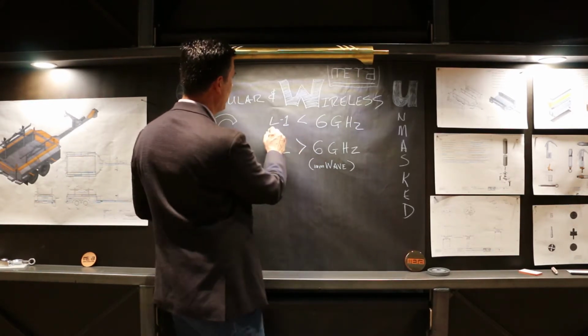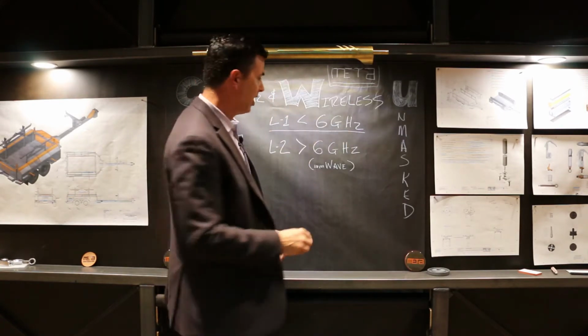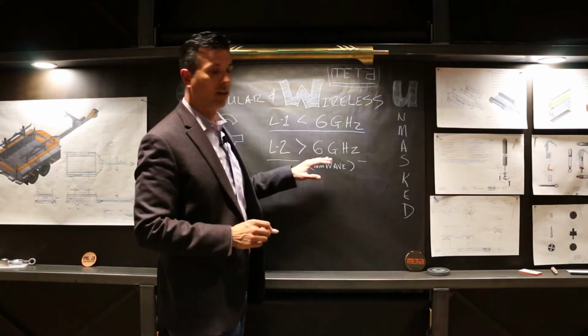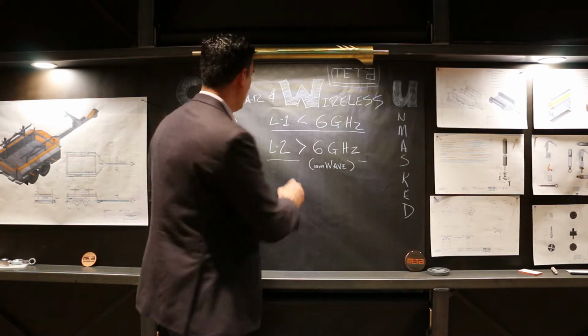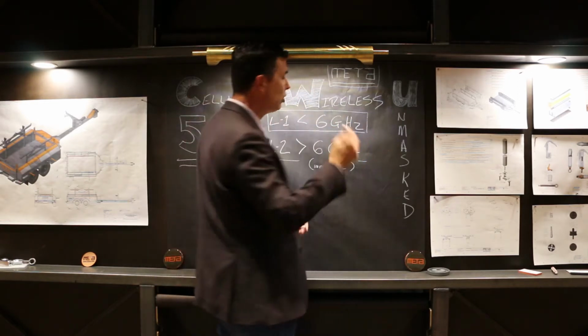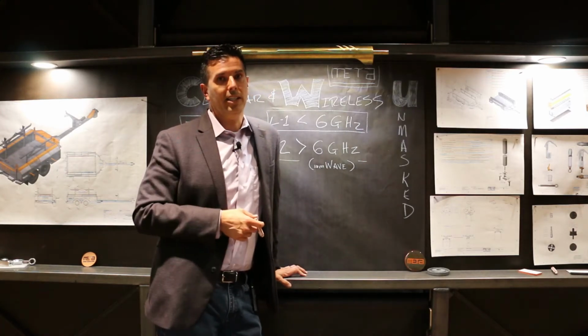You have your level 1 5G, which is everything below 6 gigahertz. And you have your level 2 5G, which is everything above 6 gigahertz. That's your millimeter wave stuff, and we'll get into that here in just a minute. But I wanted to focus on what the level 1 5G looks like, how you identify it, and is it really a big deal?